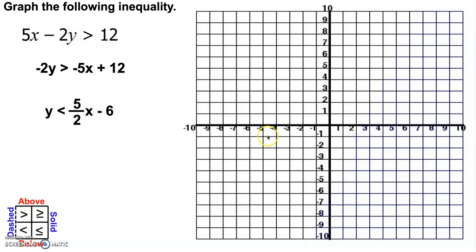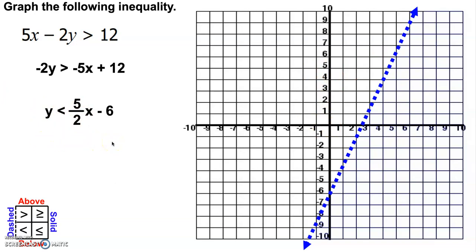So that when we graph this line, we have our -6 as our y-intercept. It is a dashed line, and we have our 5/2 as our slope. So this is our line graphed. Now where do we shade? Test your point (0, 0). If we were to plug in 0 and 0, we would get 0 is less than -6.